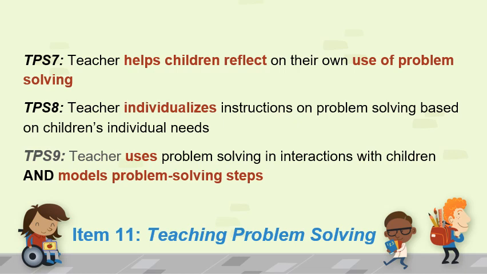For example, you might say, I have a problem. I want to play at the water table, but there are already 4 children there. What could I do? I think I will go play in the block area until someone is finished playing at the water table. Then you, the teacher, go to the block area and begin playing with the children there.